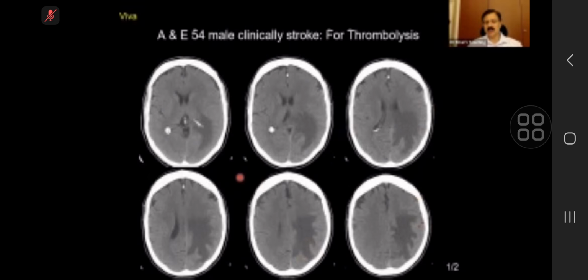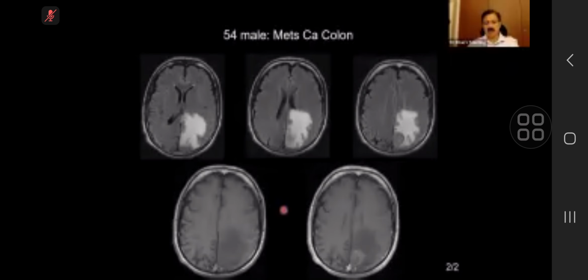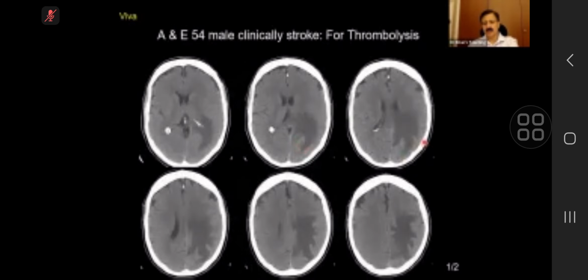So this is vasogenic edema, and I will be worried that there is a tumor setting there, and I will give contrast. In this particular case, there were metastases actually. I'm showing you not a CT, but an MR. But vasogenic edema is the learning point here. So the cortex is fine.